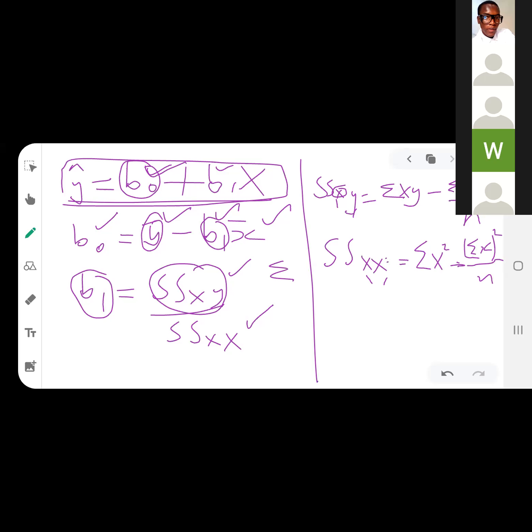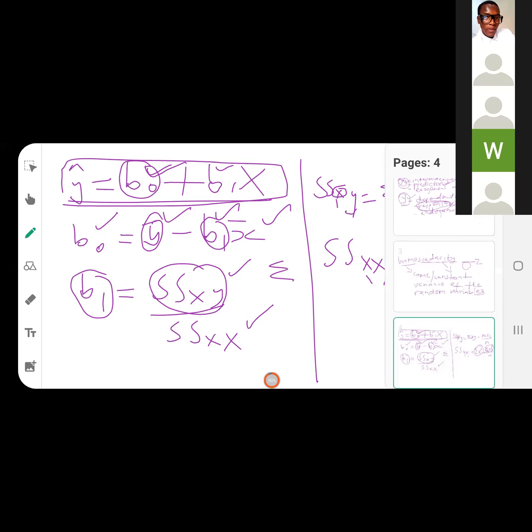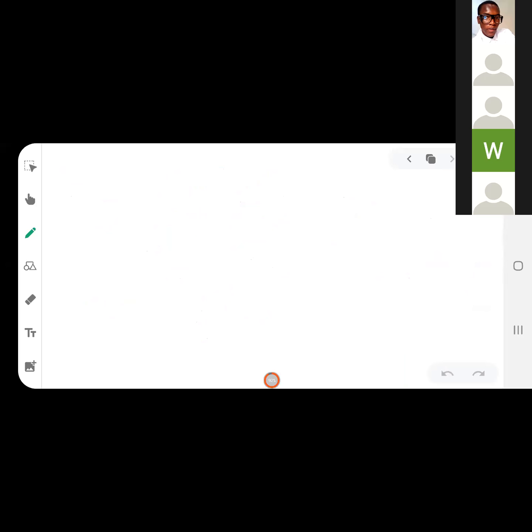And then what else do you need to know? Make sure you don't confuse the sum of X squared with the sum of X in bracket all squared. They are not the same, and they are both there on your calculator. As an example, let's say your X1 is 1, your X2 is 2, and that one is 3.